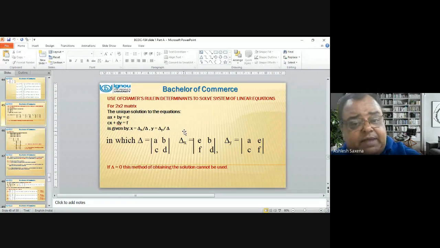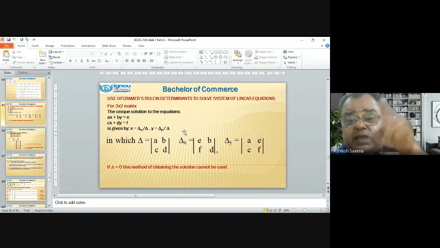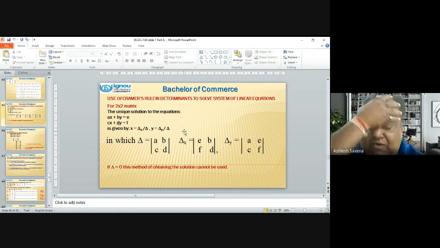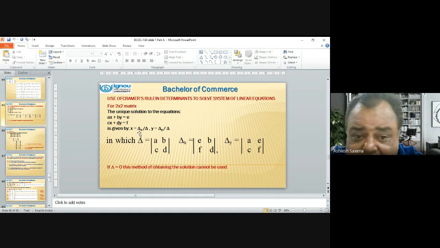These three things for calculating the value of x. Delta is a, b, c, d. Delta x is replacing column a, c by e, f. And for delta y, we will be replacing column number 2, b, d by e, f. Now, how to get the value of x? x is delta x divided by delta, and y is equal to delta y divided by delta.